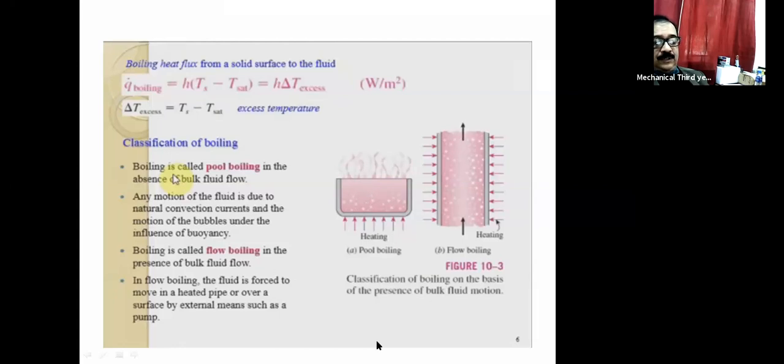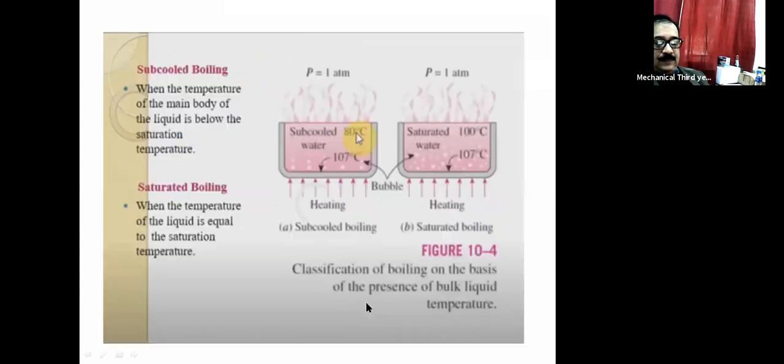So this classification is based on fluid flow, pool and flow. Though this one we have discussed as a part of pool boiling, it is actually the classification of boiling on the basis of the bulk liquid temperature. Okay.